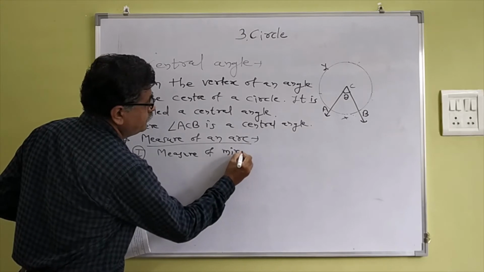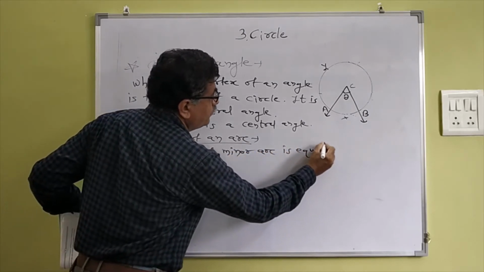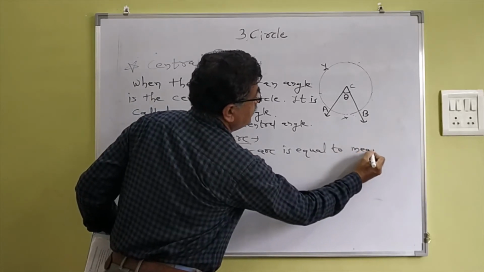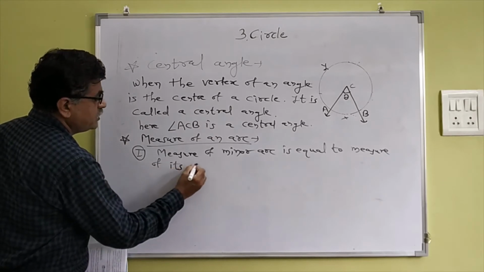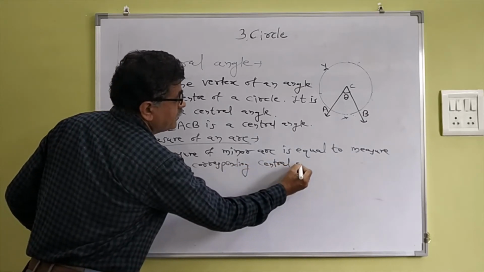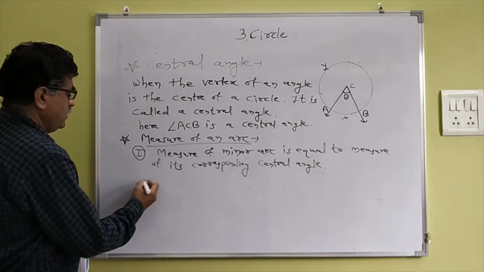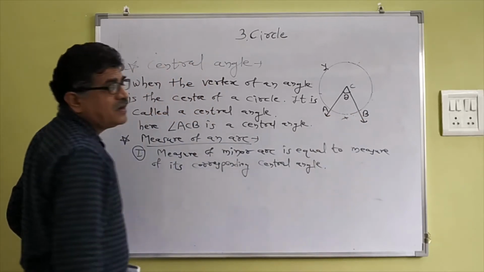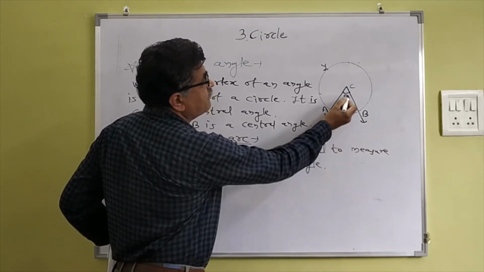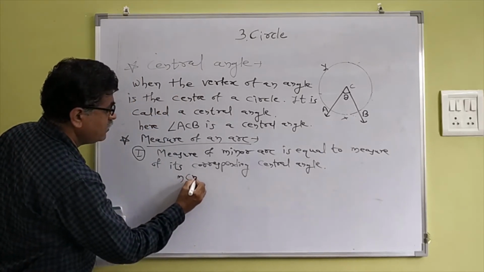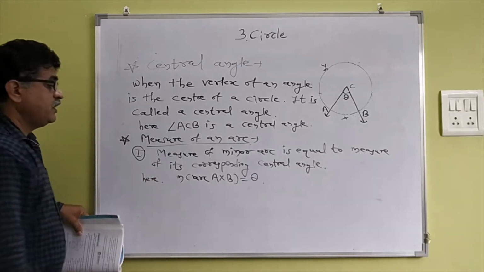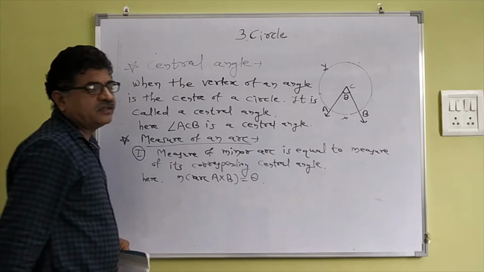Here AXB is a minor arc, therefore its measure is equal to theta, that is equal to the central angle.